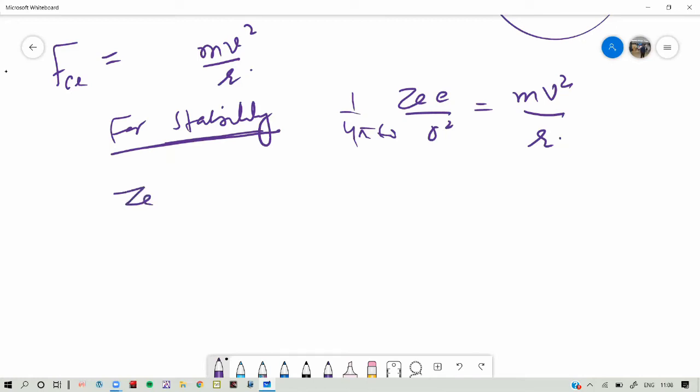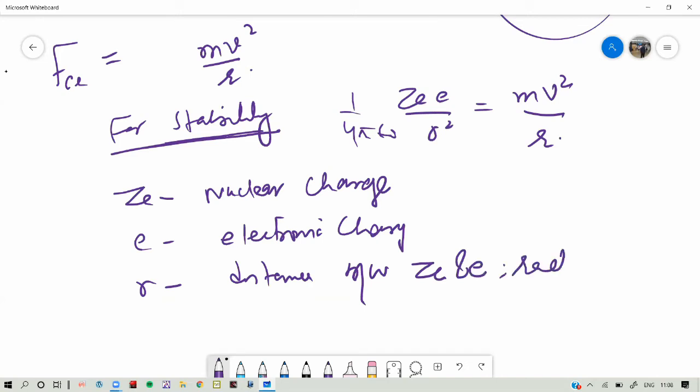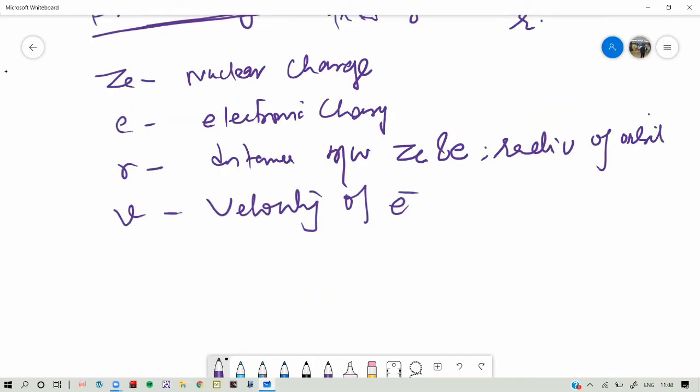Here, Z is the nuclear charge, e is the electron charge, r is the distance between Z and e, which is actually the radius of the orbit. v is the velocity of the electron, and m is the mass of the electron.